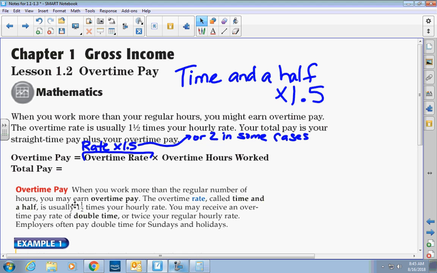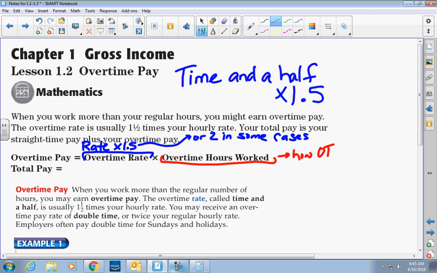Sometimes this is going to require you to figure out how many overtime hours, and that's a simple subtraction. If you worked 42 hours and the cutoff is 40 hours, how many hours of overtime is that?